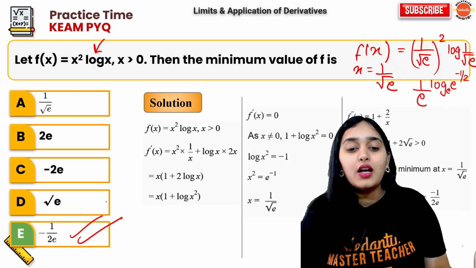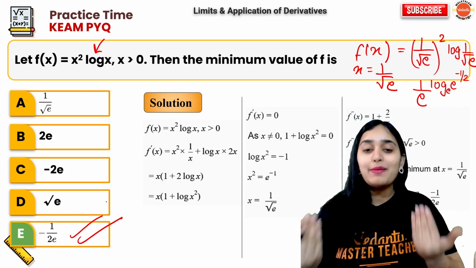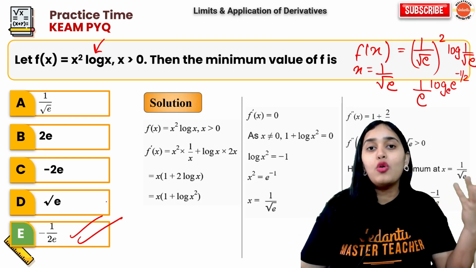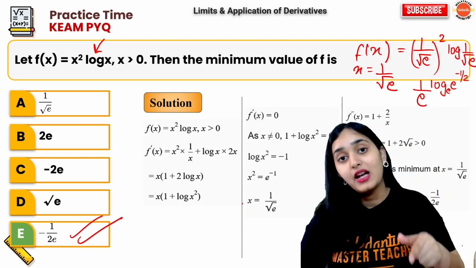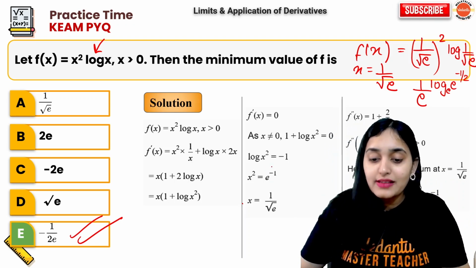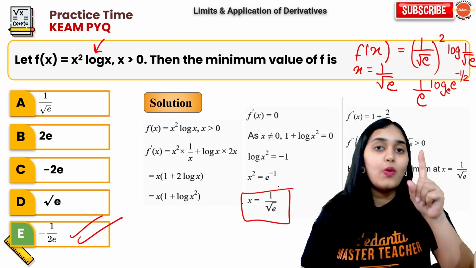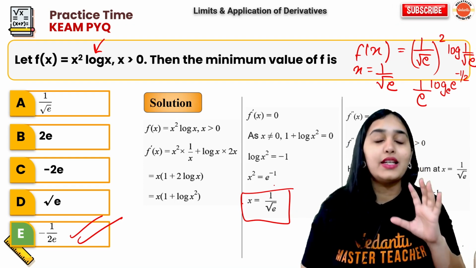Basically in your KEAM exam, you don't get so much time to check f dash x, f double dash of x and then find fx. So I'm telling you a trick.